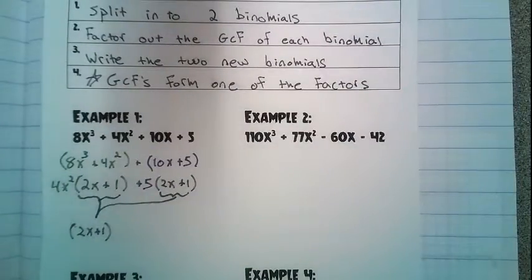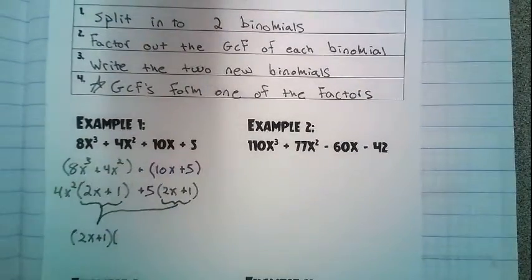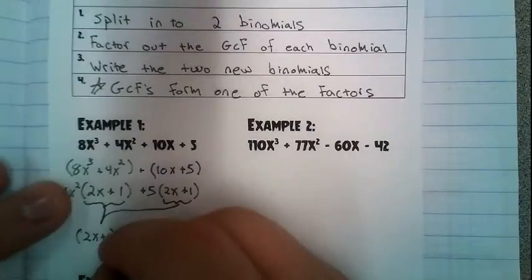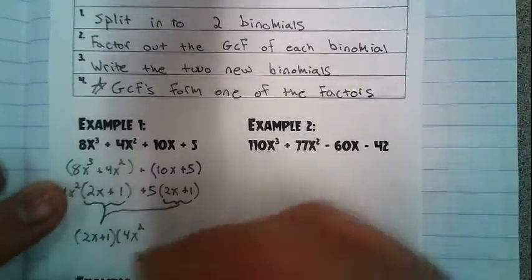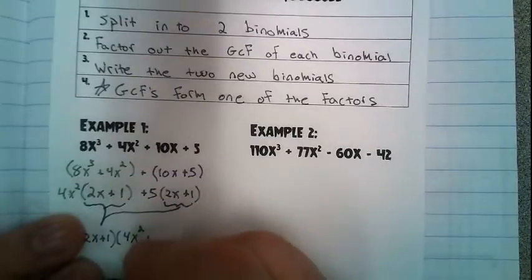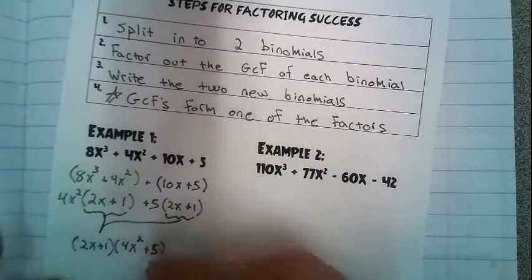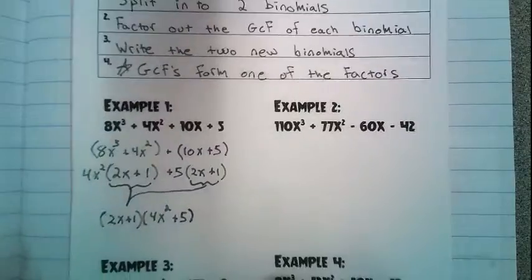And what I have left is 4x squared plus 5. So that's how you factor by grouping.